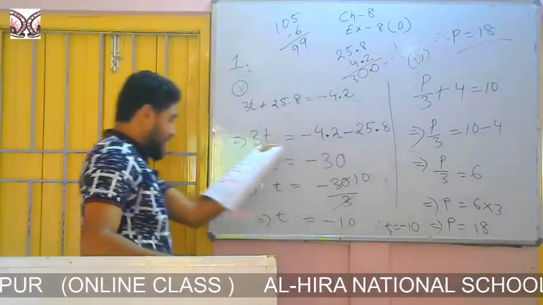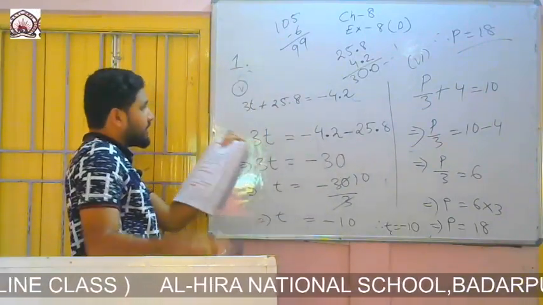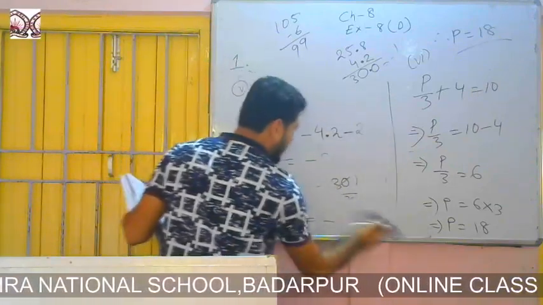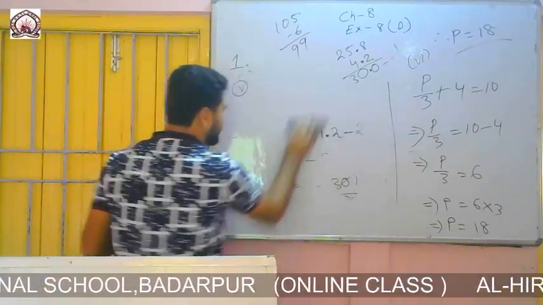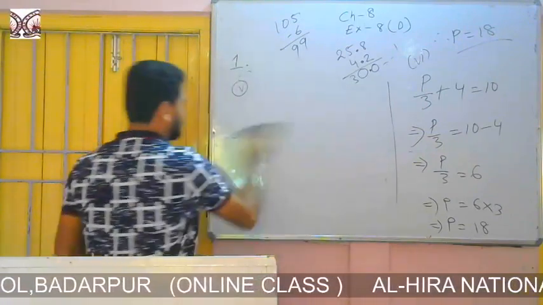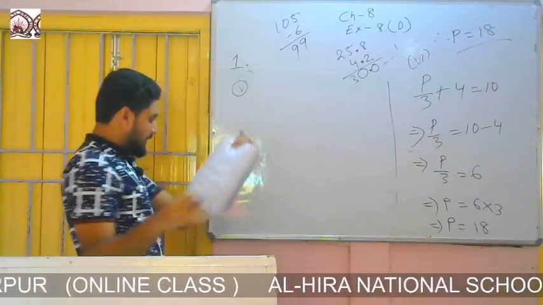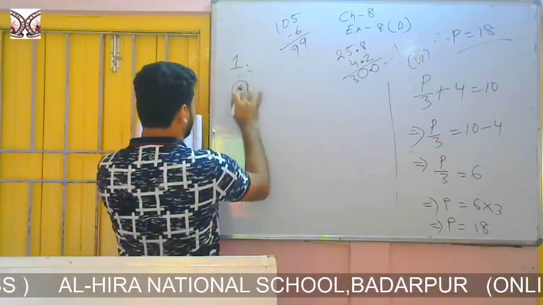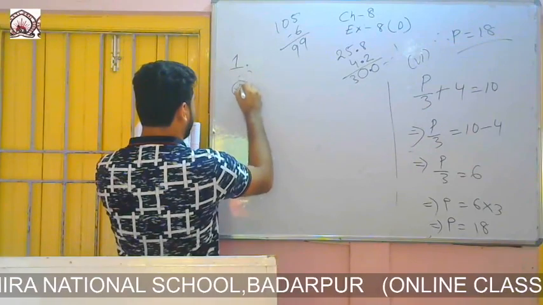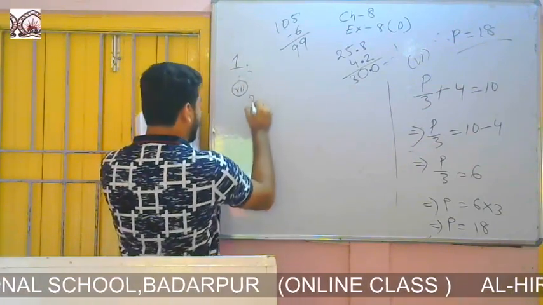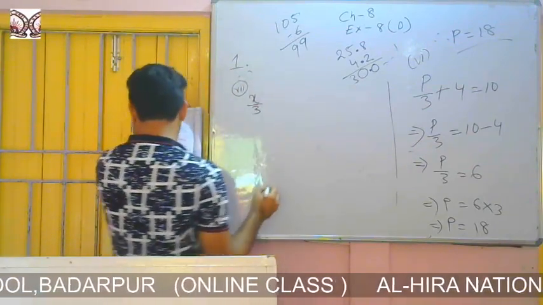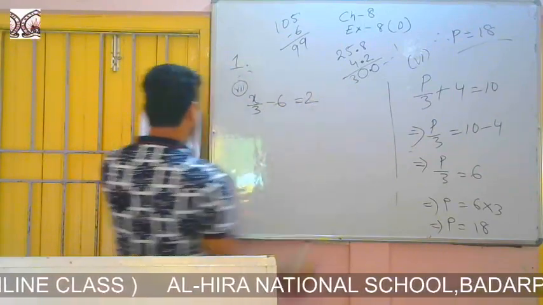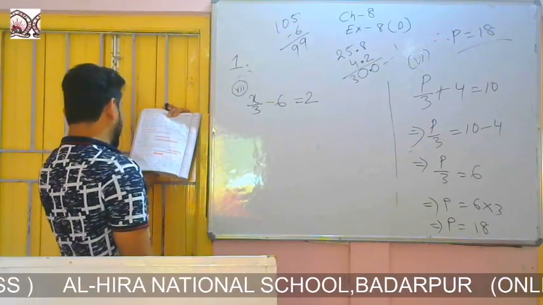Now come to question number 7. Question number 7, x by 3 minus 6 equals 2.